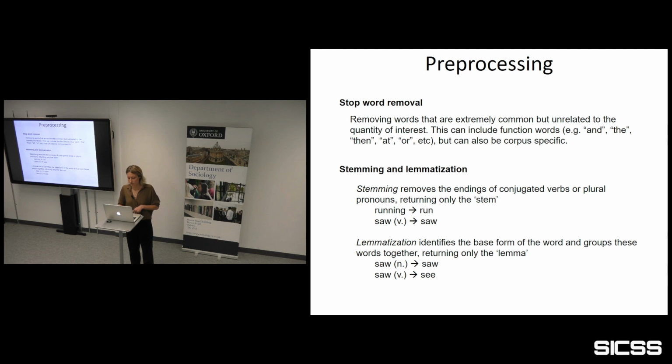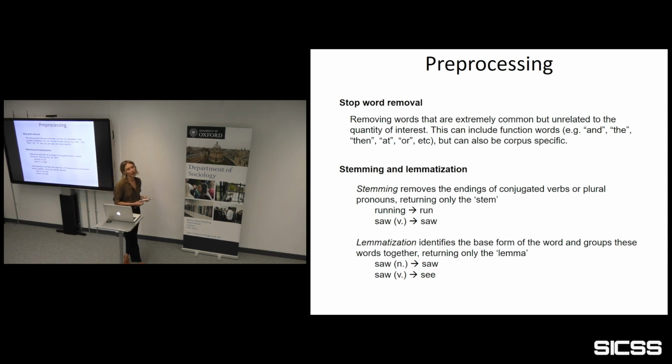Okay. So as you go about preprocessing a little bit further, we have things like stop word removal, which I'm pretty sure everyone in here is familiar with. Stop words are basically very common words that aren't really substantive in terms of the topic or content of your text, things like at, the, and, etc., but it might be corpus specific to you.